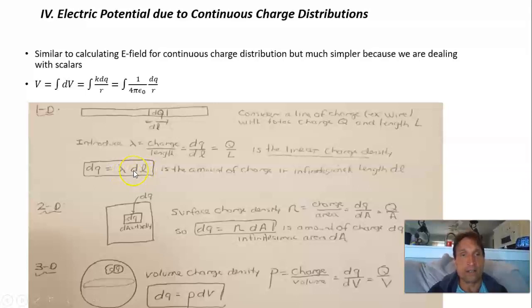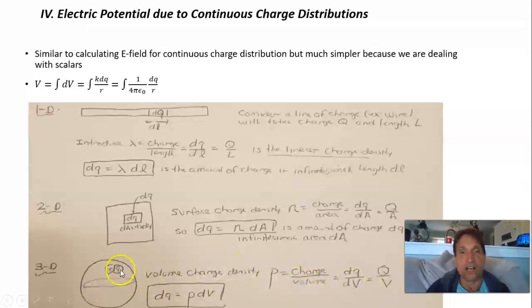So it's lambda times dl. If you have 2D, then the incremental charge dq is equal to the charge per area, which is eta, times the area dA. And if it's a three-dimensional charge distribution like volume, the element dq is equal to the charge per volume, which is rho, times the incremental volume dV.